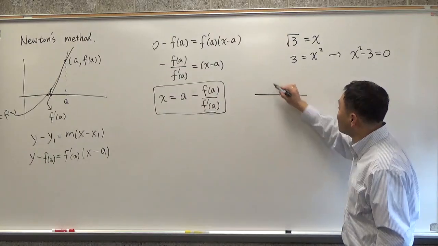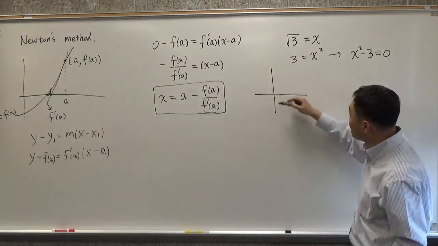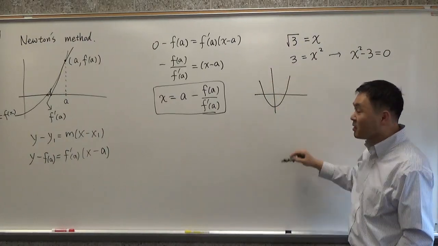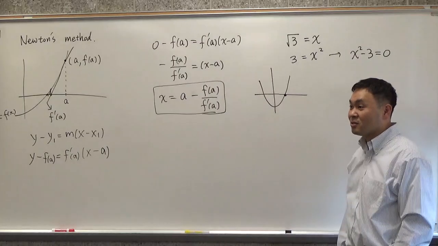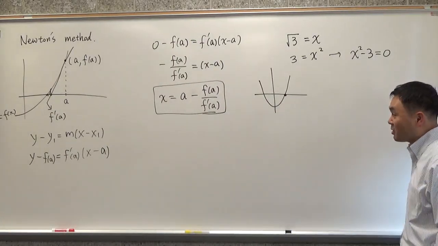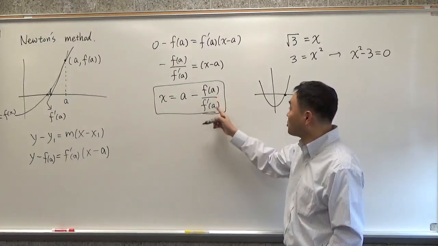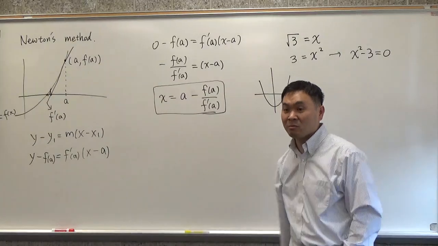Because we have x squared, and you're subtracting 3, so it goes down by 3, and we're trying to find out where it meets the x-axis. So that's exactly the kind of question we have. Therefore, we just have to come up with an estimation, and it will become better.